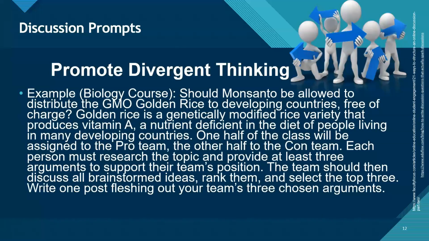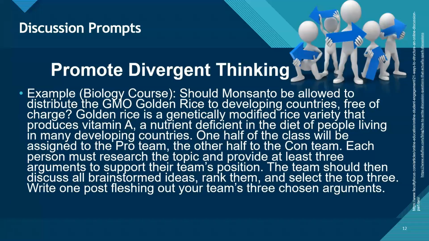So this example from a biology course is actually assigning students to a viewpoint. It's asking if the GMO golden rice should be given to developing countries for free. And it's assigning half the class to be on the pro side and the other half to be on the con side.